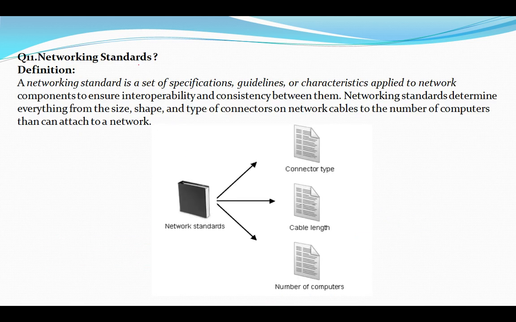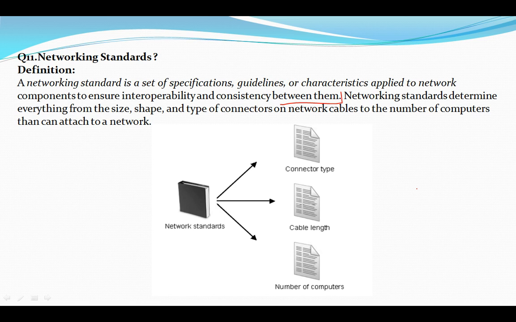Now, next question is networking standards. What do you mean by networking standards? The definition is very simple. Networking standards is a set of specifications, guidelines, or characteristics applied to network components to ensure interoperability and consistency between them. So the meaning of standard is that there are certain specifications, guidelines, and characteristics.